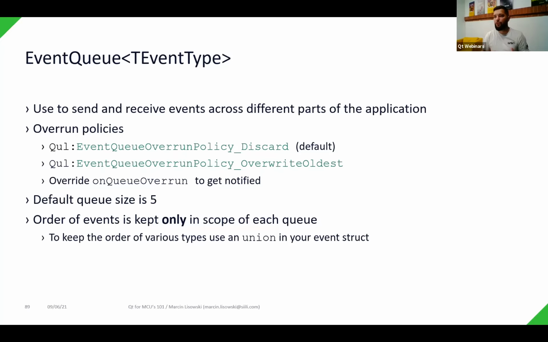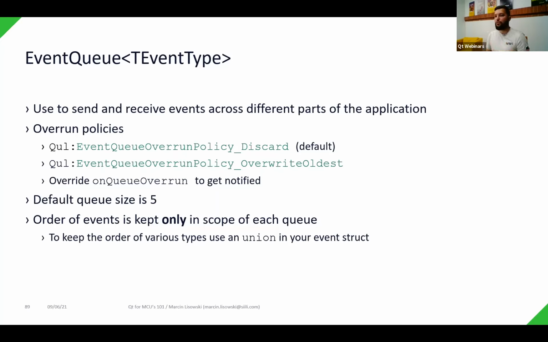You have some overrun policies. So if your event queue is currently full, you can decide what to do with the events that are still coming to your queue. You can discard the new events. You can override the oldest, so then you're just discarding the oldest one, and the new one goes in that place.